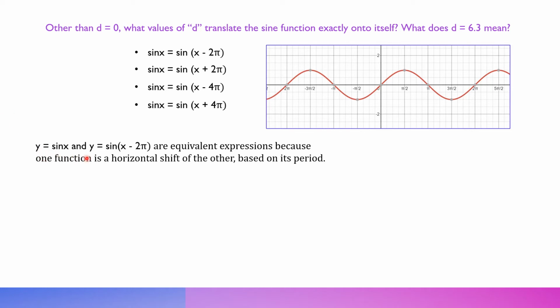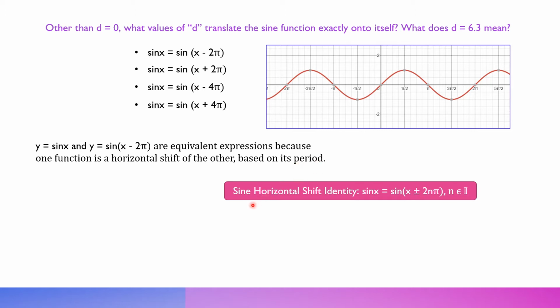Y equals sine x and y equals sine of x minus 2 pi are equivalent expressions because one function is a horizontal shift of the other based on its period. The sine horizontal shift identity says that the sine function is equal to adding or subtracting 2, so I've got an n in here. N is an integer. That means I could make that n a 5.